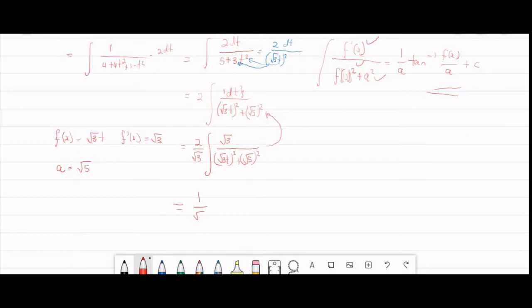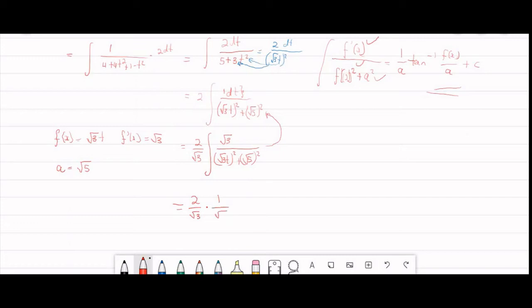So now remember that we have 2 over a square root 3. So multiply by 1 over, let's substitute a.